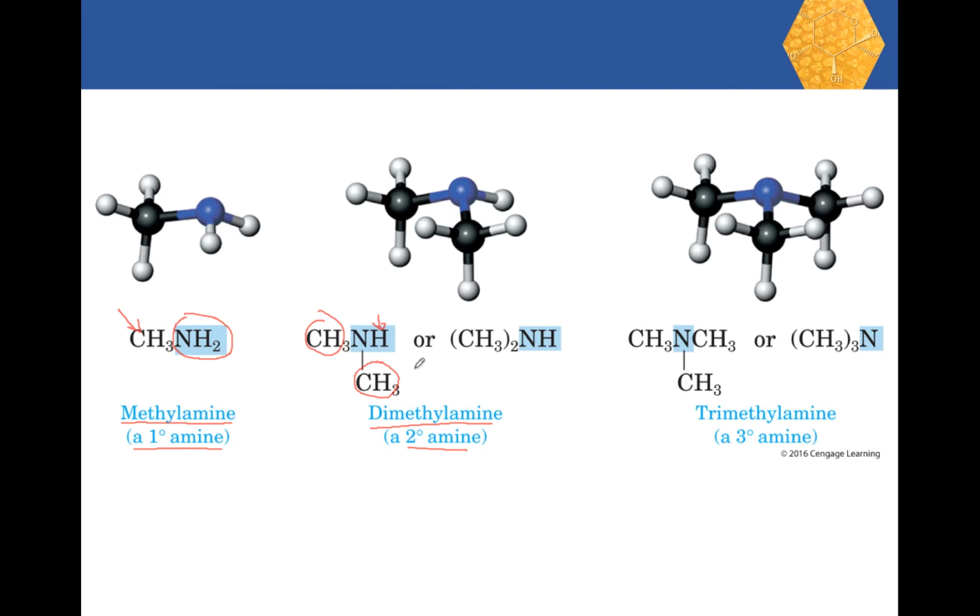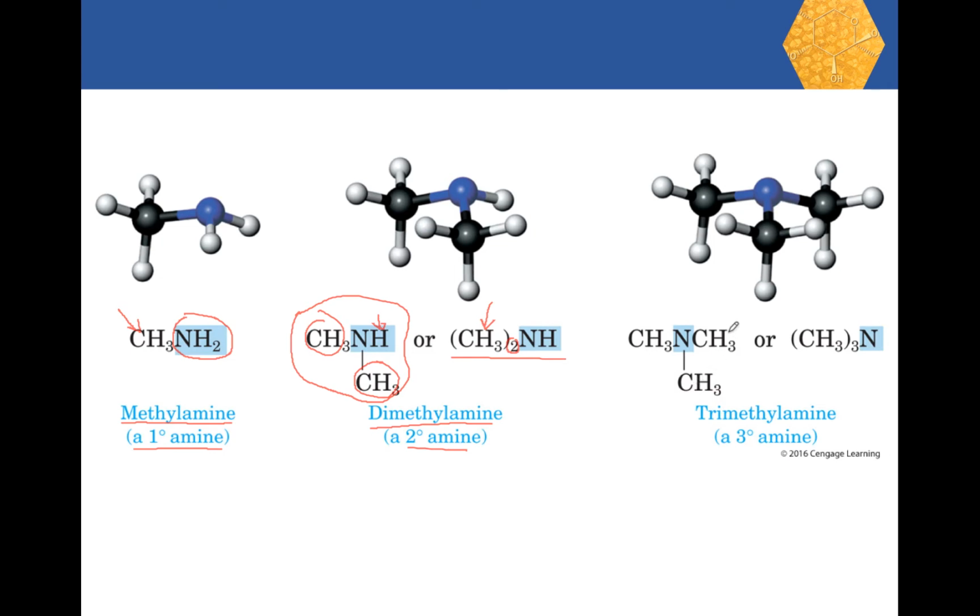So again, you have to look carefully at how it can be written. It can be drawn out like this in the structural manner, or it can be written like this in the condensed manner, where this 2 here makes reference to 2 methyl groups.